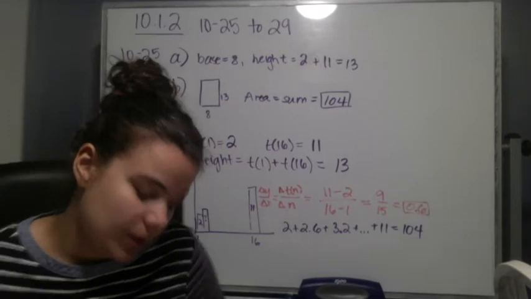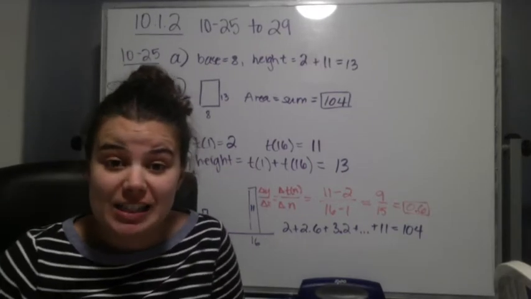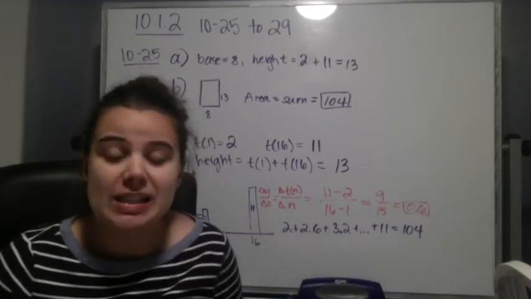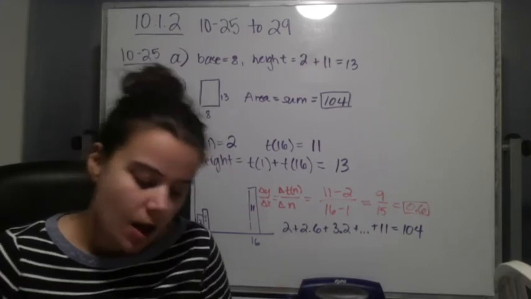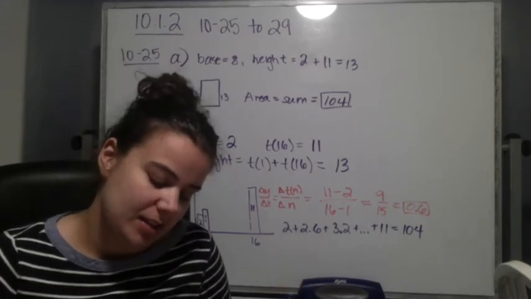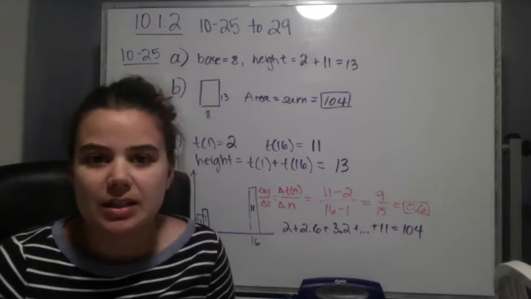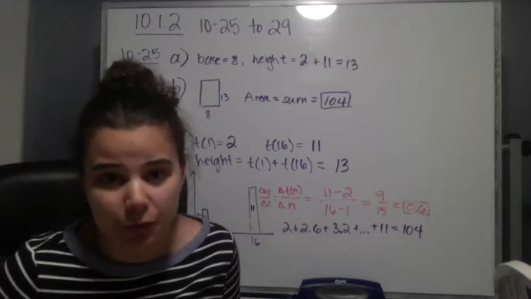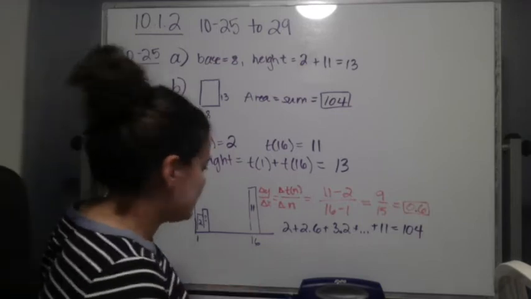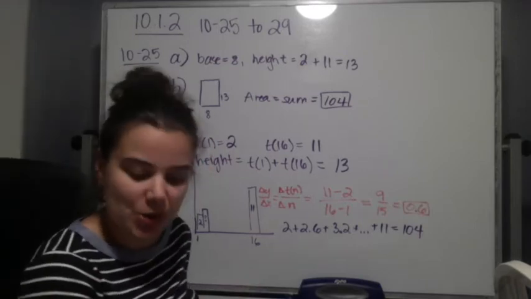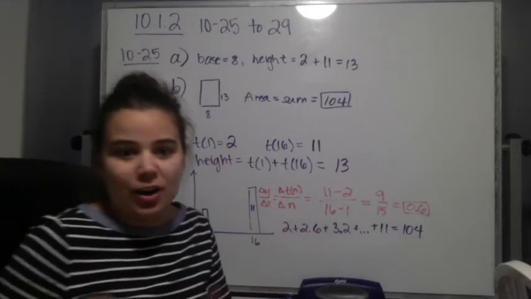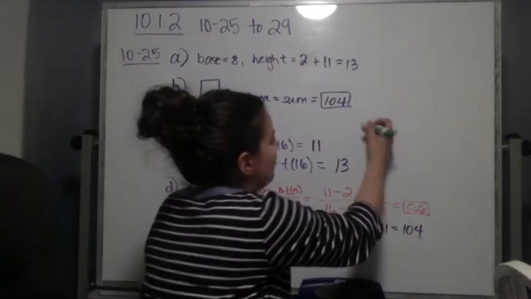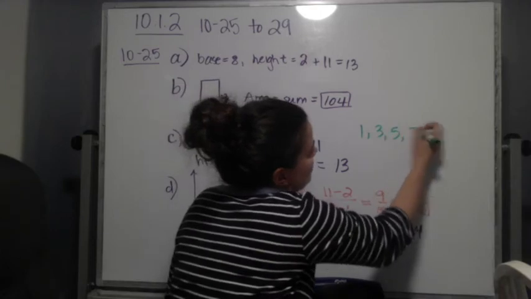Awesome. So let's take a look at 10-26 and 10-27. They're both not multi-part problems. For 10-26, it does say you can use an example if you'd like. You may use my example if you want to. The most simple series I could think of that had an odd number of terms was 1, 3, 5, 7, 9.